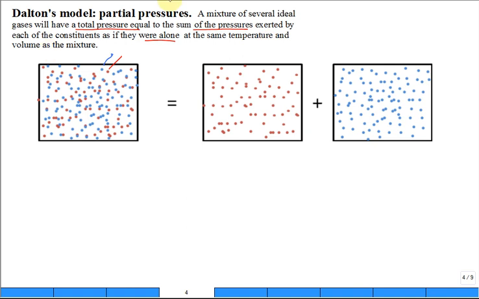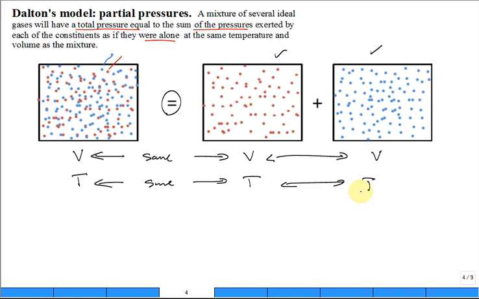So this original mixture has a volume, and we think conceptually of having it split into 2 components. Here I just have 2 components for illustration, and each of those containers has the same volume and the same temperature.